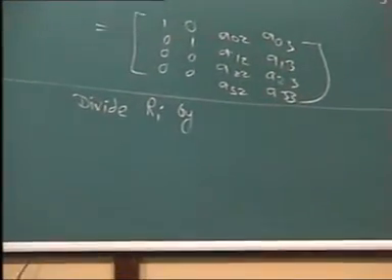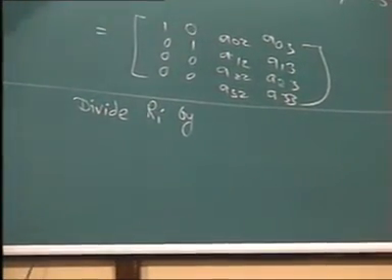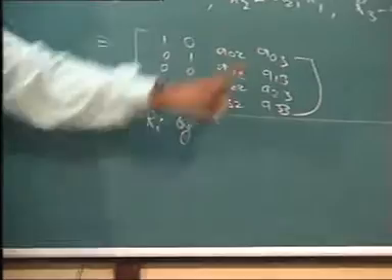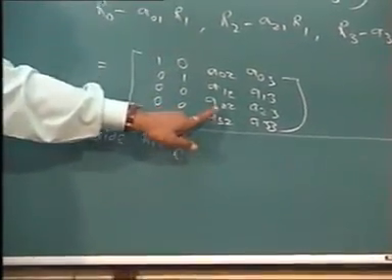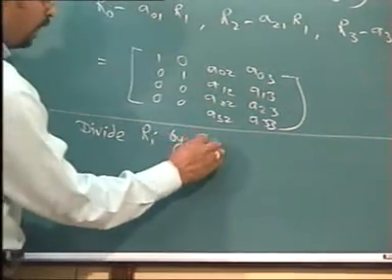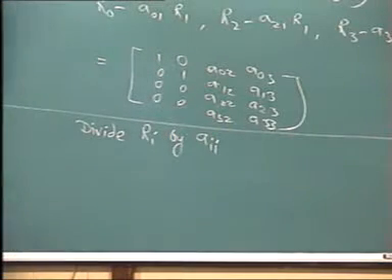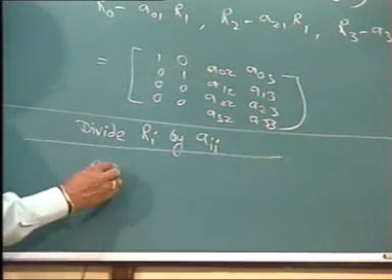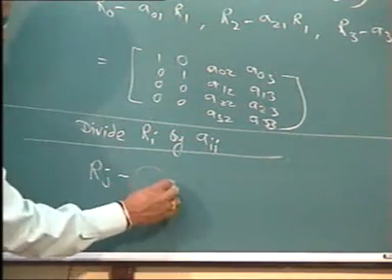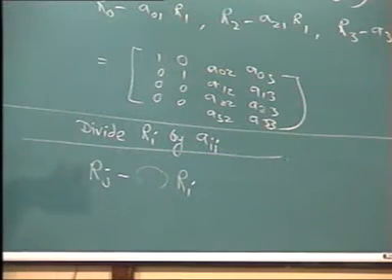here R0 is divided by A00, R1 is divided by A11. Next time obviously I will be dividing R2 by A22. So in general Ri will be divided by Aii. That should be the first step. Once you perform this, then it will be always Rj minus some constant times Ri, because Ri I am going to subtract.